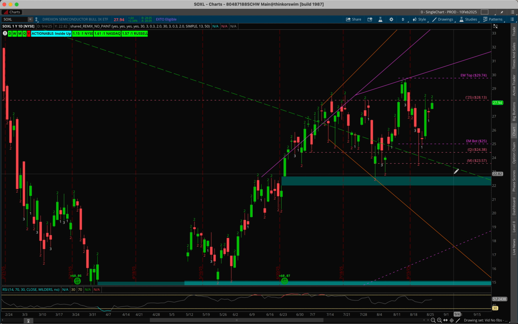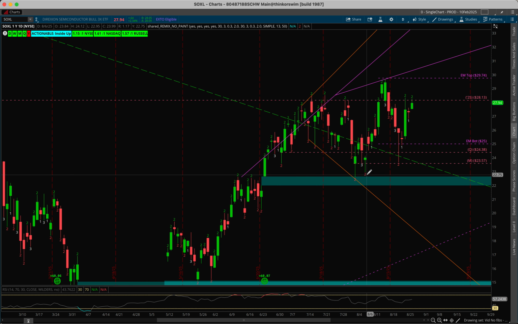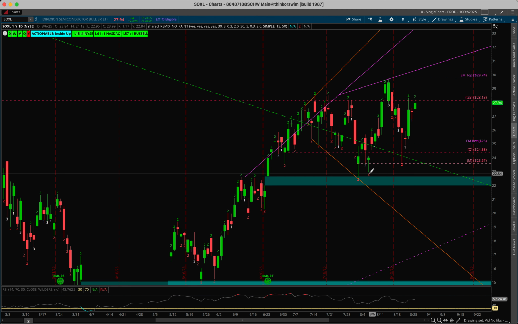We do have the gap here on the day back from late June, that we bounced off of basically twice here, right? Didn't quite make it down here, but it did get very close to make that higher low before making the higher high. So right now we are in the uptrend from a day perspective.